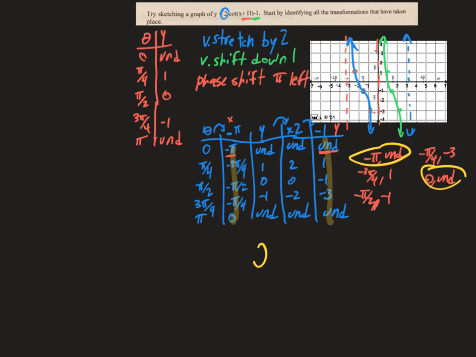So we're going to do 0 plus the period times n, okay? So we need to figure out what my period is. So do you remember what that formula is going to be? My period is, in this case, pi over b. And we can say, hey, my b value here, do I have a number? No, so it's just going to be 1. So I've got pi over 1, or just pi.